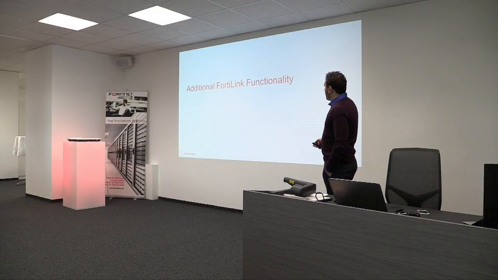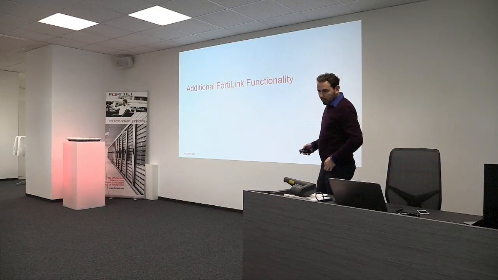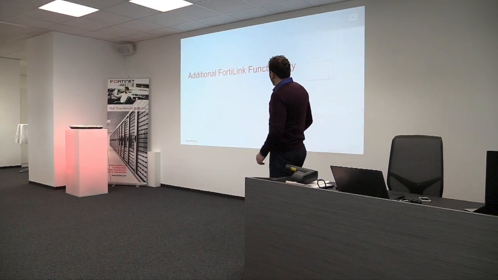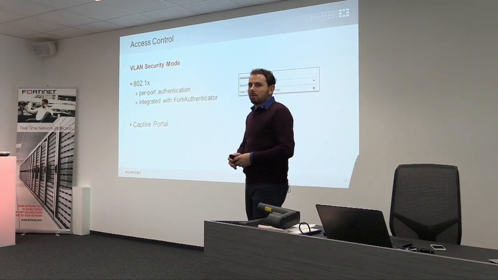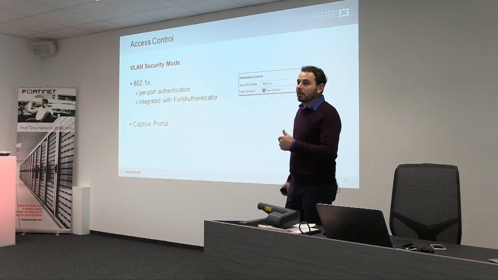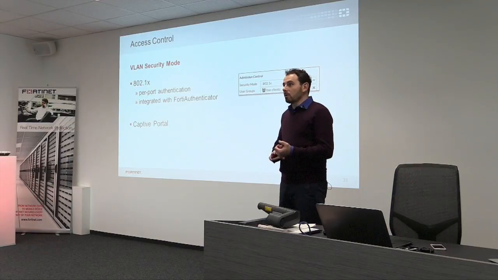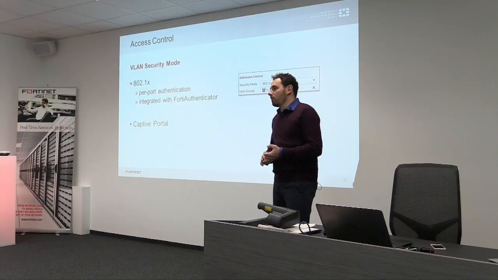All right, let's check other functionality. And then I'm going to not spend much time now because I'll show you when it's really working. So authentication is 802.1X supported in the solution and a captive portal.